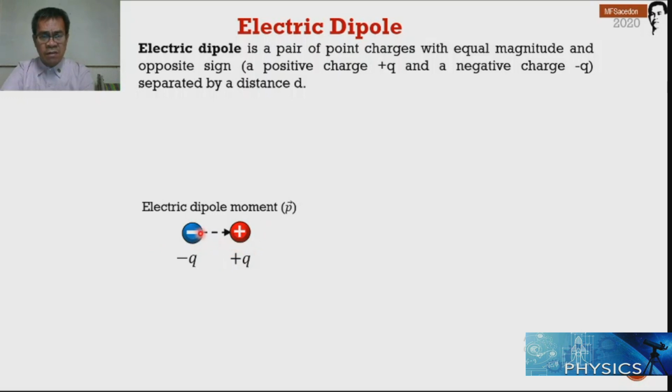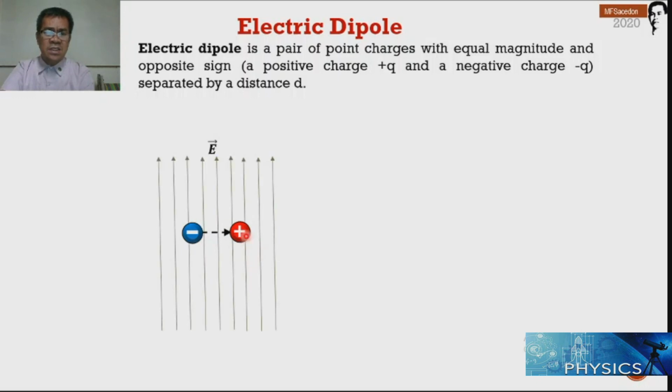The direction is from negative towards positive. If we place this dipole in an area with a constant electric field, the dipole will rotate, which means that the dipole is not in a stationary state. It will keep on moving.